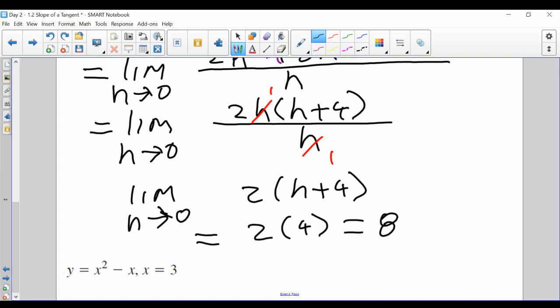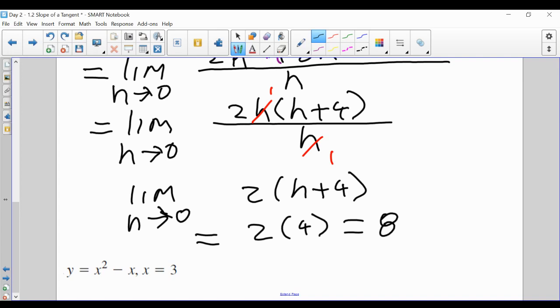So it would be okay to put 2h plus 8, but then we still are going to plug in that 0 into the function, Alexander, and still just end up with 8. Does that make sense, Alexander? You're still going to end up with just simply 8 once that h gets put to 0.